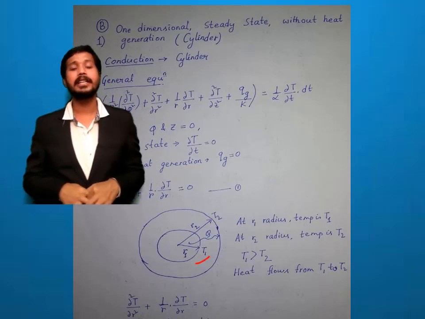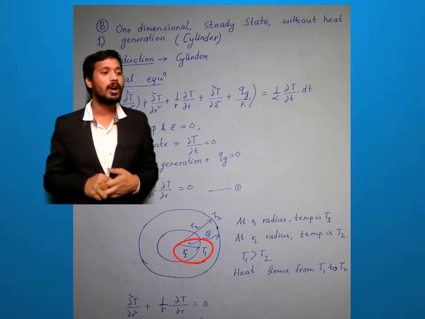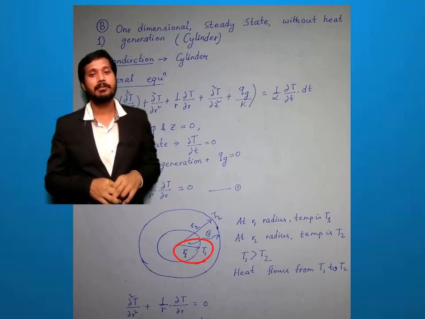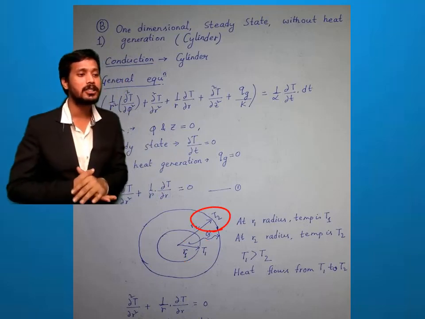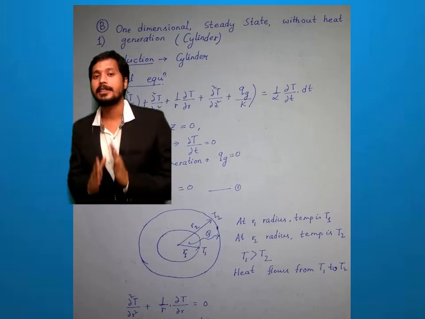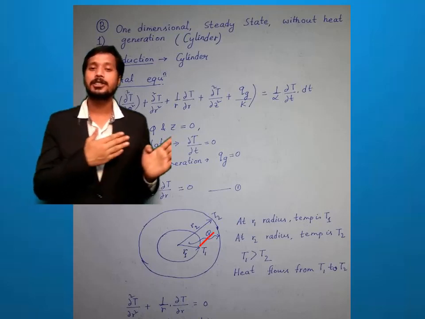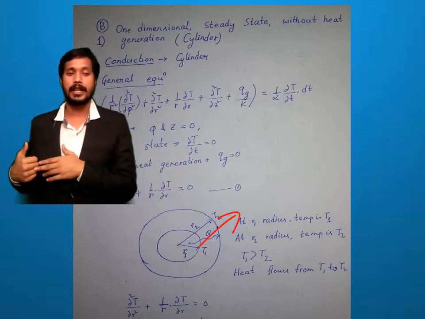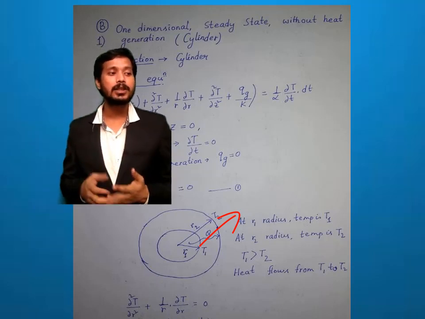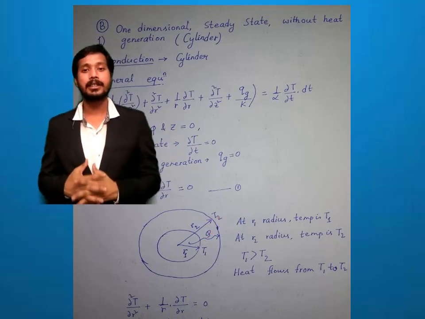Now at R1 the temperature is T1. At R2 the temperature is T2. If I assume that temperature T1 is more than T2, then heat will be transferred from inside to outside.